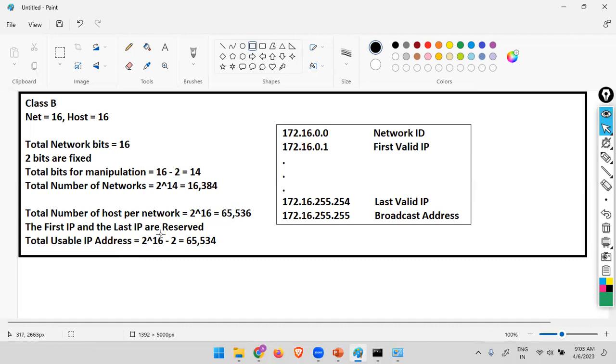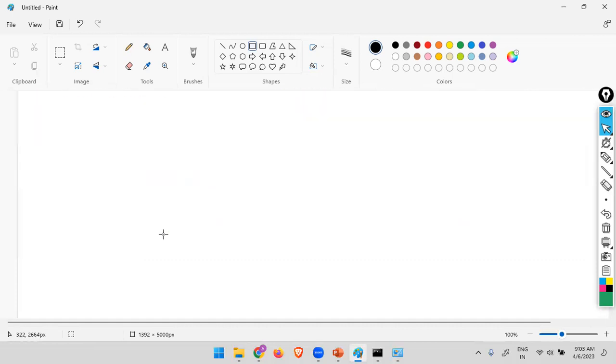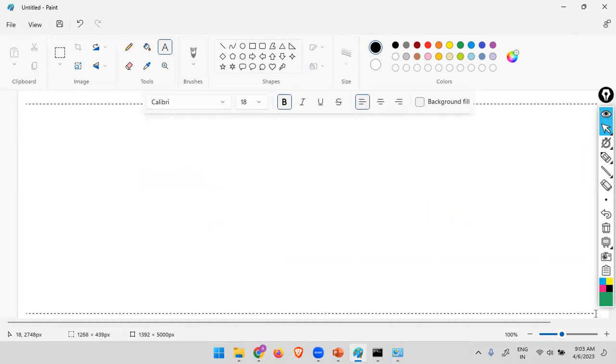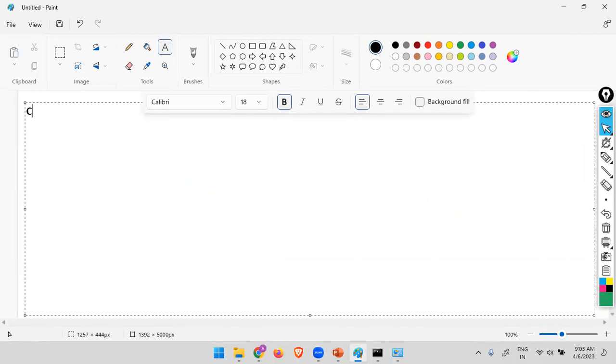Okay, class C. How many network bits? 24. How many host bits? 8. So the total number of network bits we have is 24. How many bits are fixed? 3 bits.